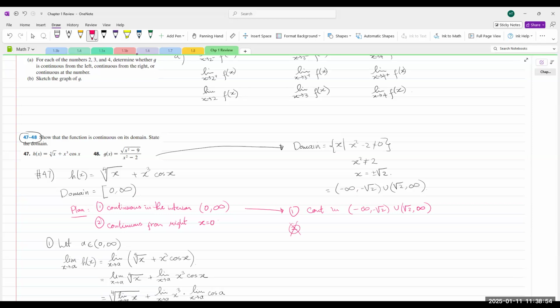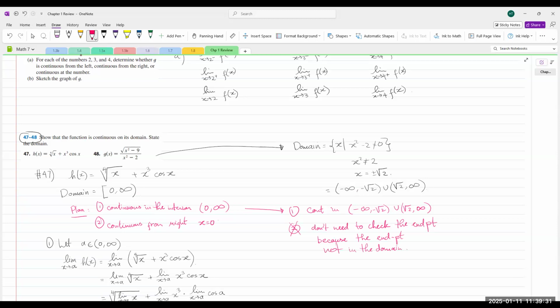We don't need to check the endpoints of the interval because the endpoints are not in the domain.